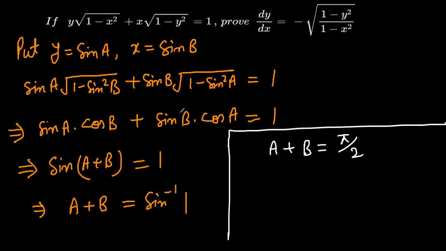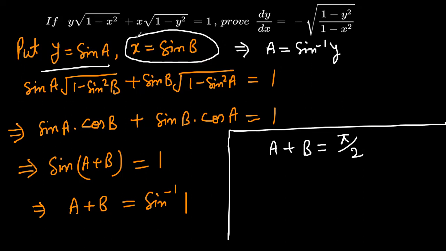Now A is what? If y is equal to sine A, this means A is equal to sine inverse y. And if x is equal to sine B, this means B is equal to sine inverse x.